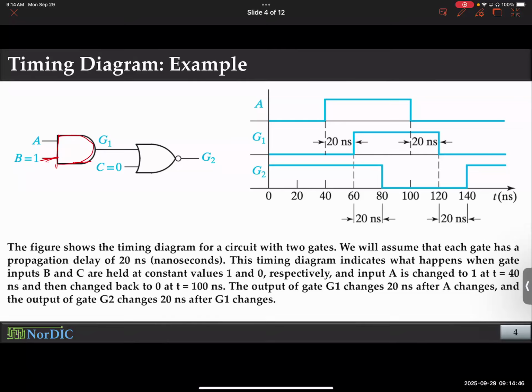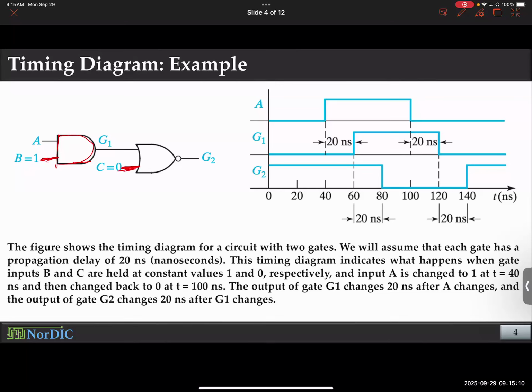Okay. And so basically you are setting one of the inputs of every logic gate. And the only way we could track the changes through a chain of logic gates would be by making everything static except for one. Otherwise, if multiple inputs are changing simultaneously, it is extremely difficult for you to keep track of the node voltages.